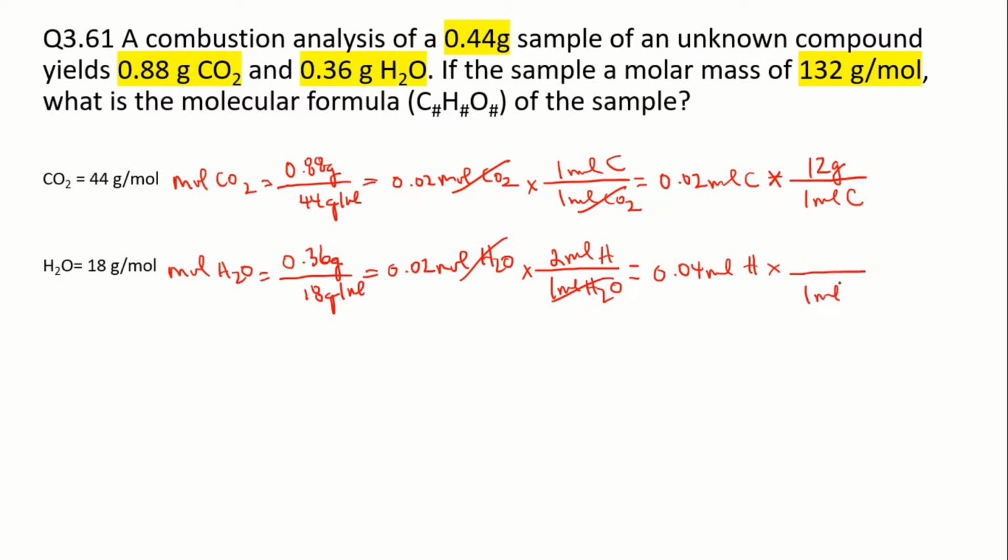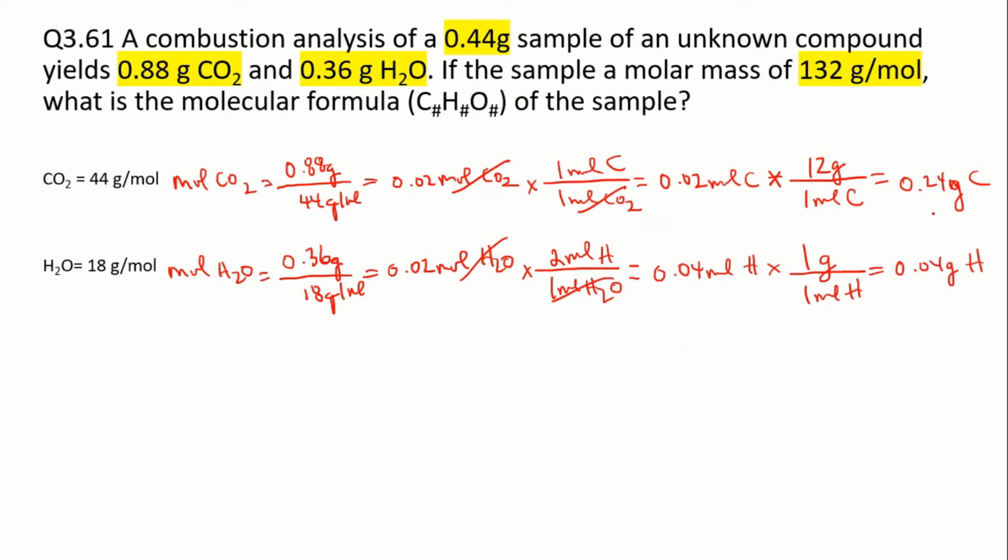And for every mole of hydrogen, hydrogen is 1 AMU, so I would need 1 gram. Multiplying across, moles cancel out. I'll have 0.24 grams of carbon, and 0.04 grams of hydrogen in this sample.